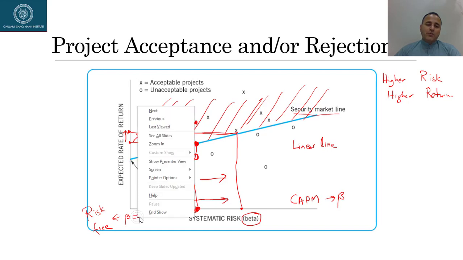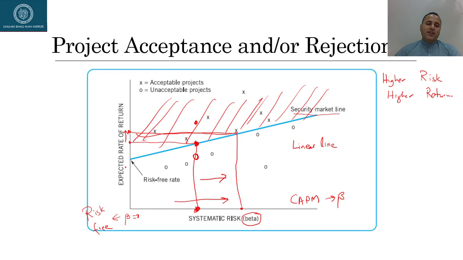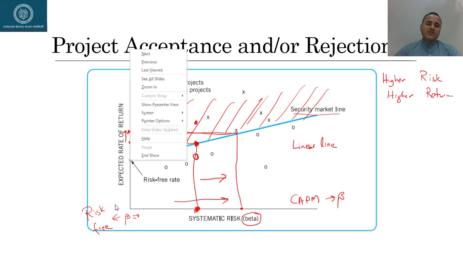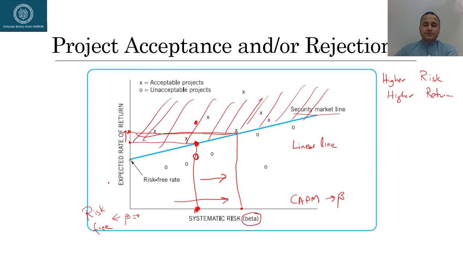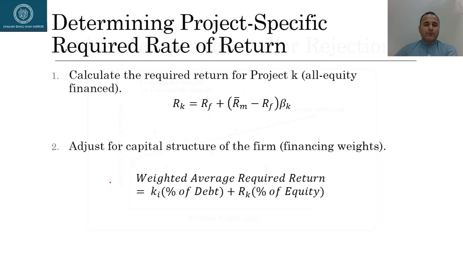The beta is 0 because there is no risk, and the return associated with it is called the risk-free return. That is the minimum return that you need from any kind of investment.